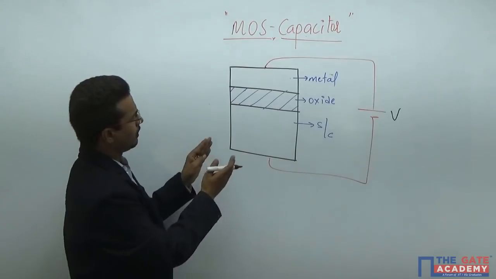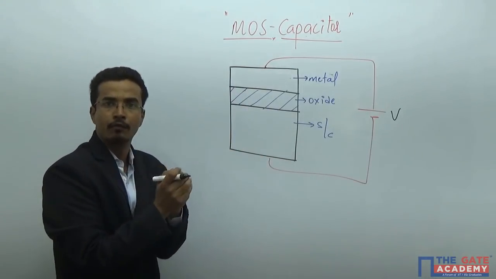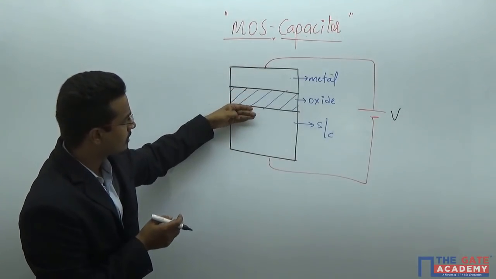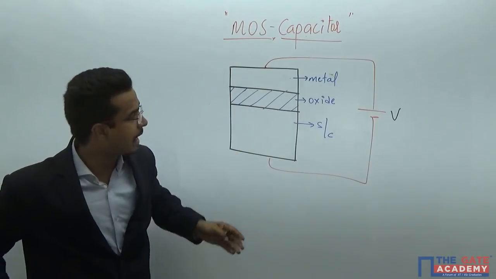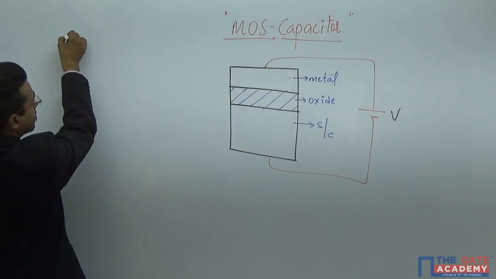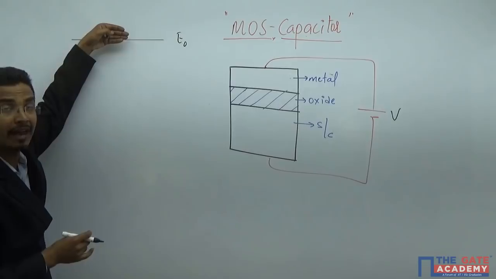To learn the working principle of this MOS capacitor, firstly we will draw the energy band diagram without the application of any voltage. Here E naught is the energy level of the vacuum.